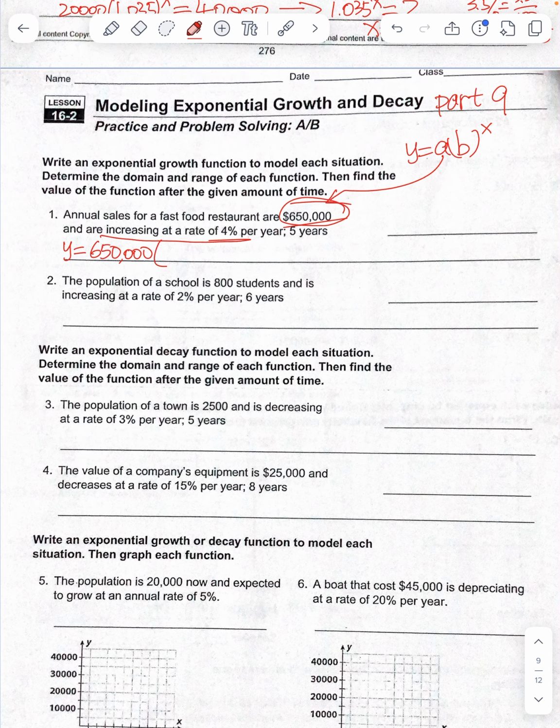Increasing at a rate of 4%. So b is going to equal 1 plus 4%, 4 divided by 100. So we're going to change 4% to a decimal. So this equals 1 plus 0.04. So b equals 1.04. 1.04 is bigger than 1, so this is a growing function.